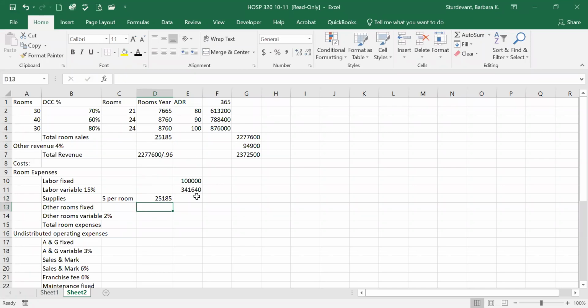To get our supplies, we're going to just take this times 5, and that will give us our supplies. We have other room fixed of 10 and other room variable of 2%.